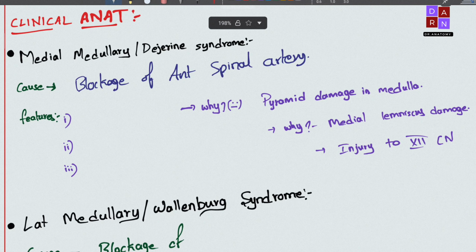Now we correlate this clinically with the anatomy. I had told you there is a longitudinal elevation in the medulla oblongata, the pyramids, and the pyramids carry the pyramidal tracts.